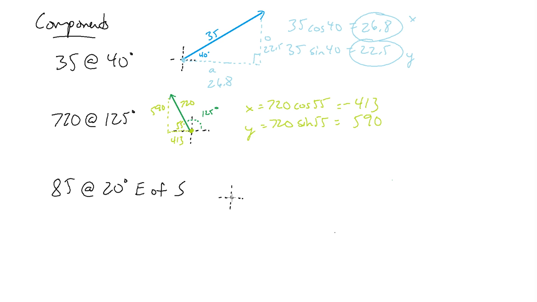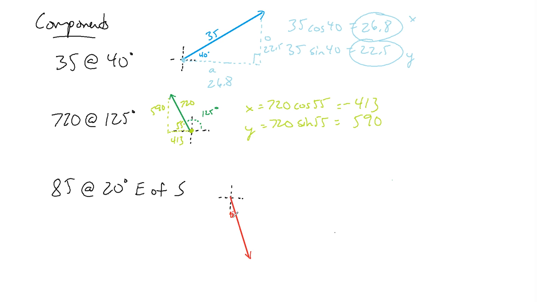It says 20 degrees east of south, so I'm going to start by going south, straight down. Now I want to go 20 degrees east of it, so I'm going to swing it east about 20 degrees, which looks something like this. It doesn't have to be super accurate. All I need is a general idea of what's going on. So there's my 20 degrees, nice and small.